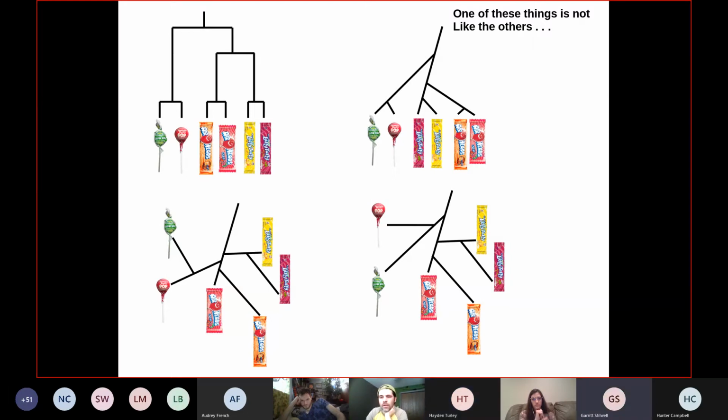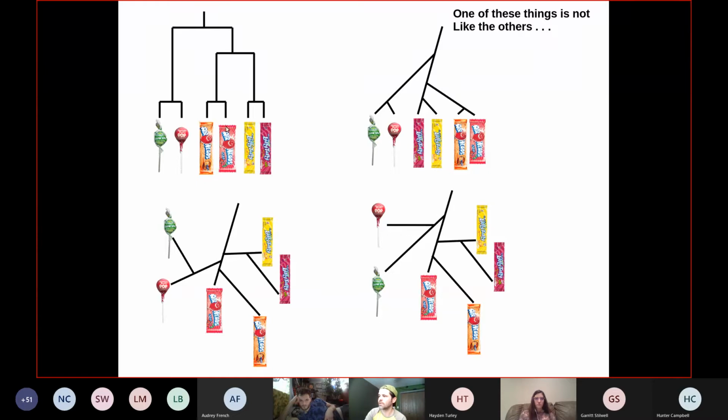Ah, okay. So yeah, you got to get past kind of the surface level of how the phylogeny is drawn and look at that it's showing hypothetical relationships between these species or groups. And here, the suckers are kind of out on their own. They branch off from the rest of these early on. Same in this one. They branch off early on. The airheads are sister to each other.